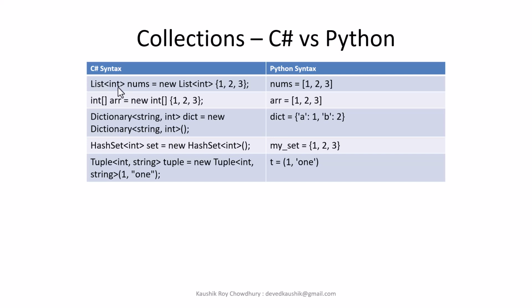List of int is a list in C#. And dictionaries are similar to Dictionary<TKey, TValue>, for example Dictionary of string and integer. And dict is the nearest to this dictionary. Indexing is zero based in both languages, but Python's slice syntax is powerful and compact.